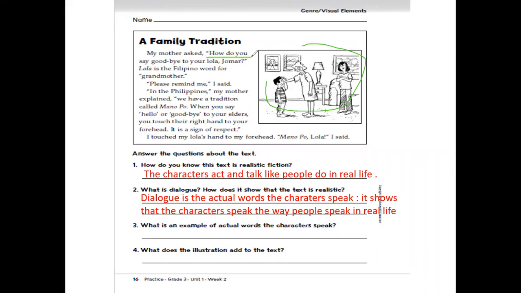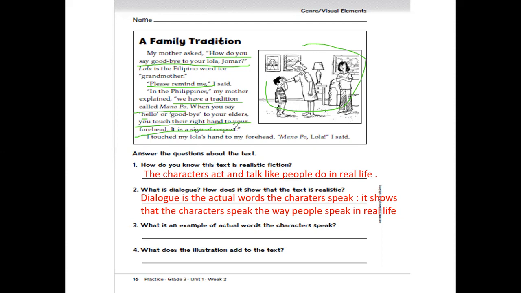Let's look here. His mother asked him, how do you say goodbye to your Lola Jamor? This is one. And he said, please remind me. What else here? She said, we have a tradition called Manopo. When you say hello or goodbye, you touch the right hand to your forehead. It's a sign of respect.